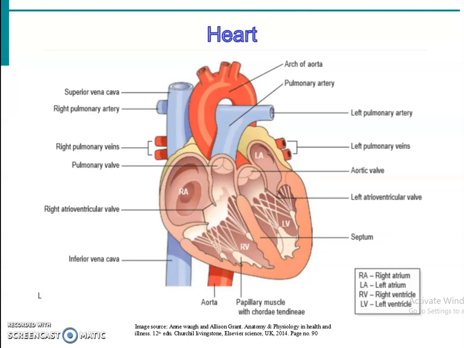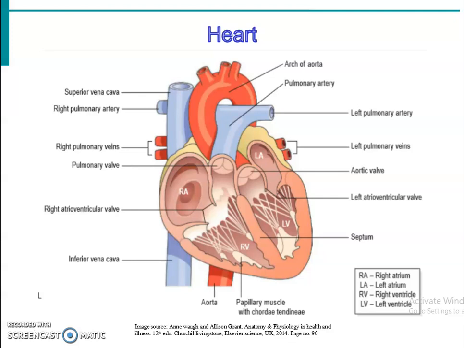It is made up of four chambers: right atrium, left atrium, right ventricle and left ventricle. In between the right atrium and right ventricle, there is a valve called the tricuspid valve. Similarly, in between the left atrium and left ventricle, the valve present is called the mitral valve, also called the bicuspid valve.